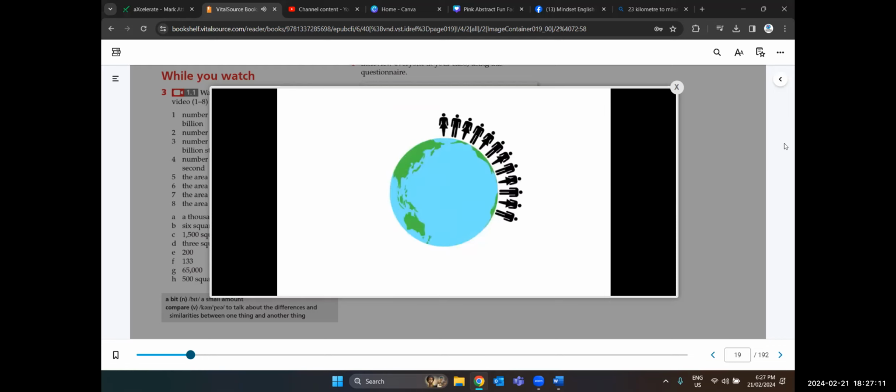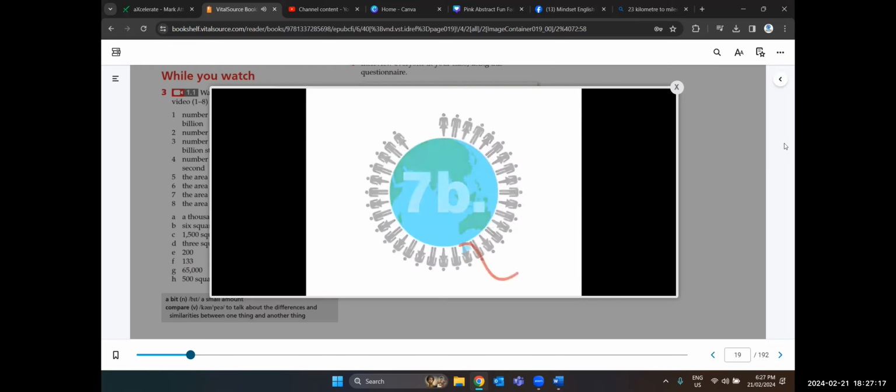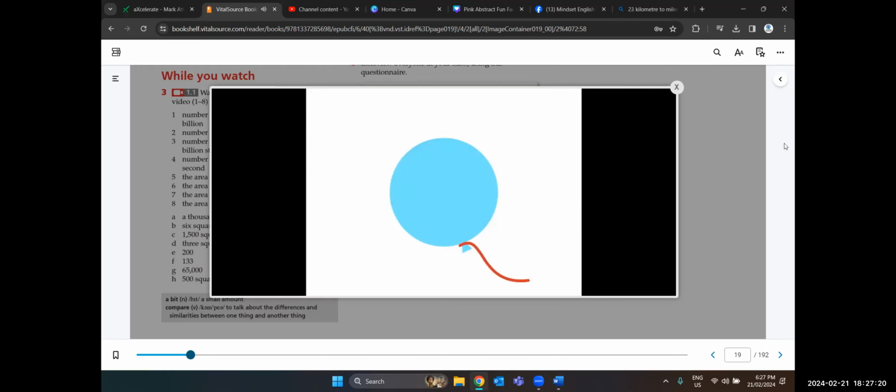And what about a party with 7 billion people? Everyone can come. But where on earth is there a place for a world party? Let's go and take a look. Actually, a place for 7 billion people isn't very big compared to the Earth. One person needs about 3 square feet.